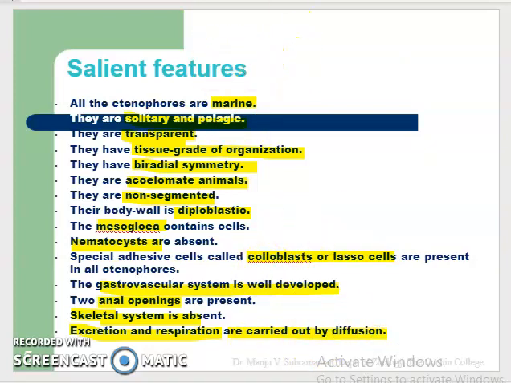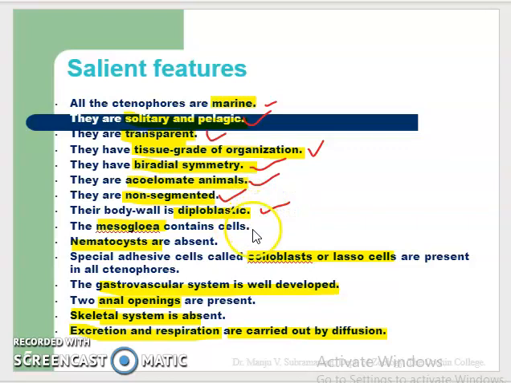So once again, they are marine, solitary and pelagic, transparent, tissue grade organisms. That means in the tissues you can find the ectoderm tissue and the endoderm tissue. On the body wall you can see the ectoderm. Then there is biradial symmetry, acoelomate without any coelom. The body is not segmented.